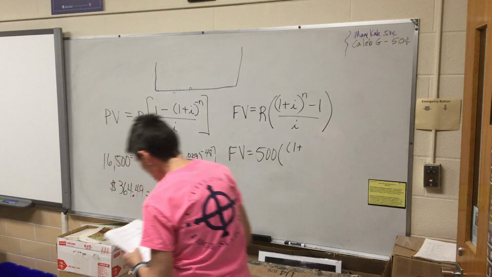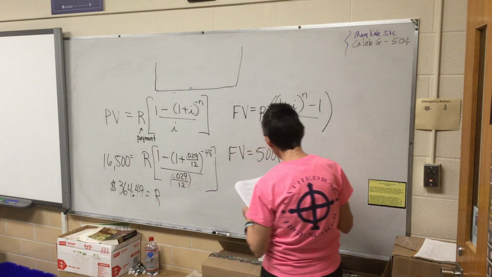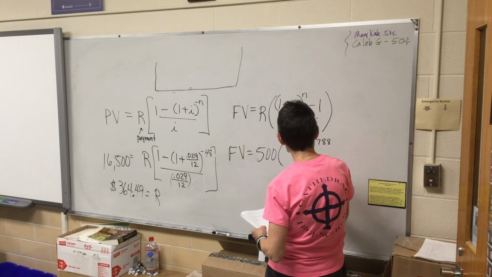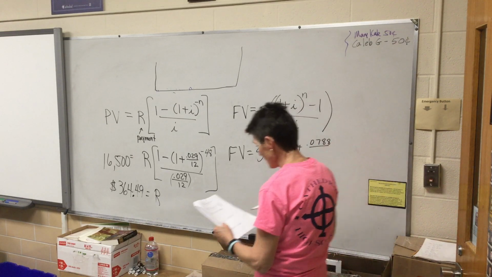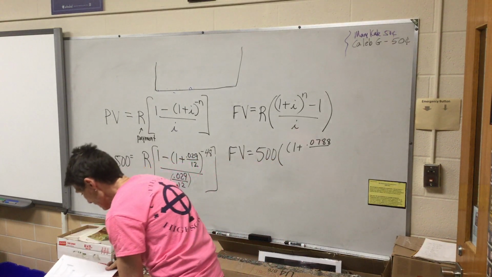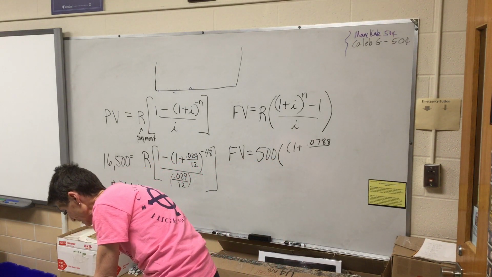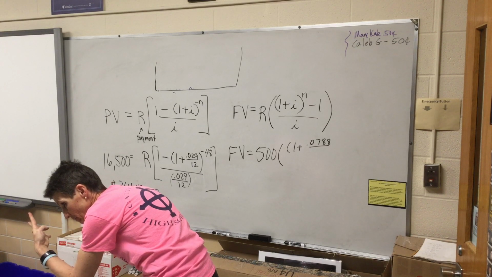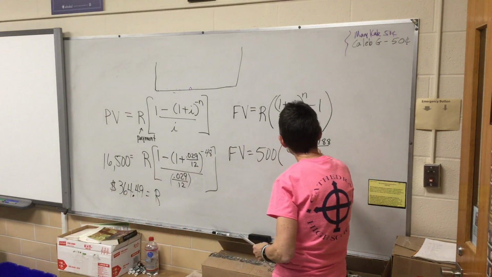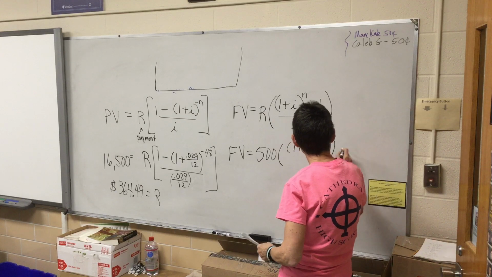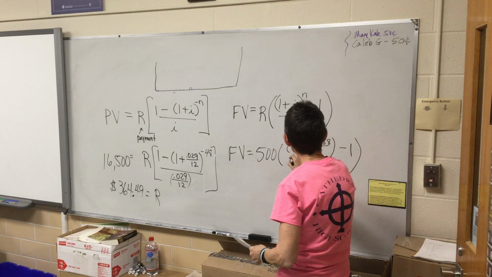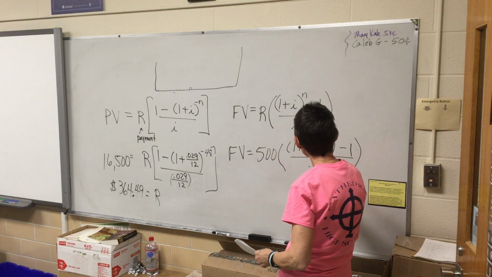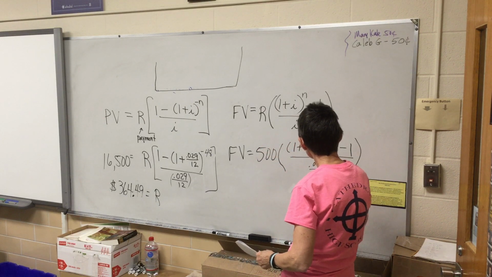The interest is 0.0788 divided by, now be careful, how many payments a year is she making? 4. So we're going to divide it by 4. And it's over 0.0788 divided by 4.